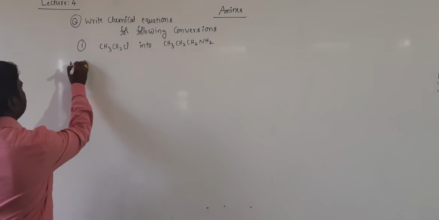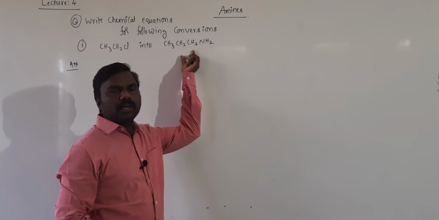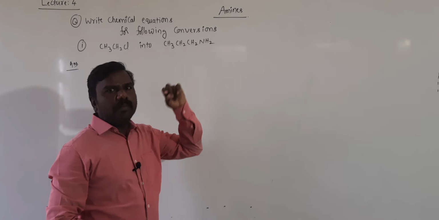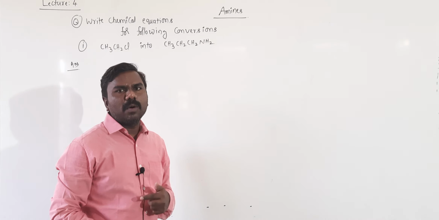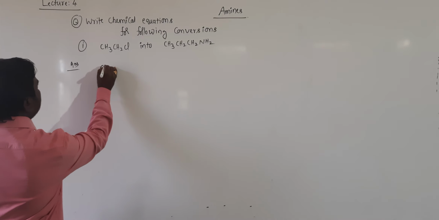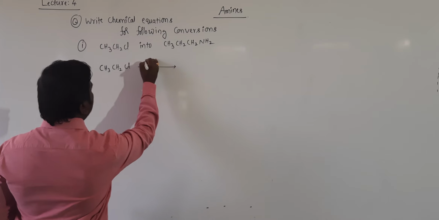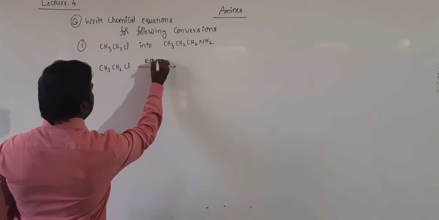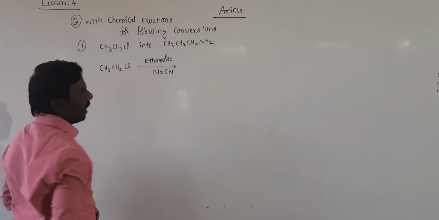Answer for this question, students. Here 2 carbons are there, here totally 3 carbons are there. It means we need one more extra carbon. To get one more extra carbon, the reactant CH3CH2Cl reacts with ethanolic NaCN, sodium cyanide.